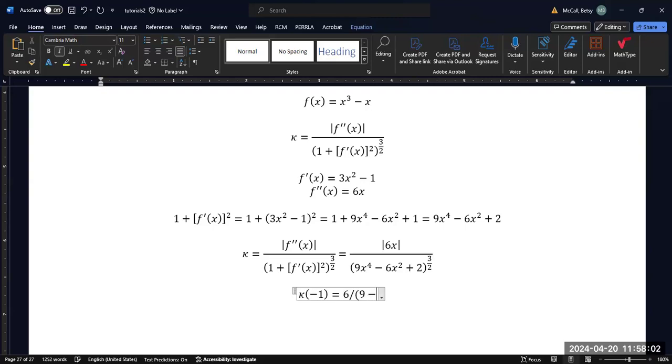So 9 minus, -1 squared is still 1, minus 6 plus 2 to the 3/2 power. So 6 over 9 minus 6 is 3 plus 2 is 5, to the 3/2 power. And then as before, the radius of curvature would be the reciprocal of this.